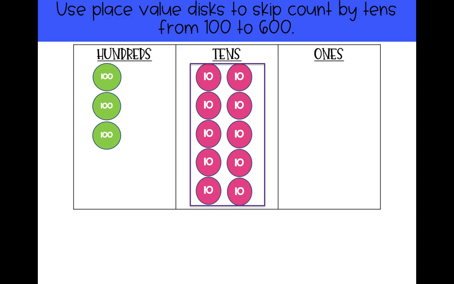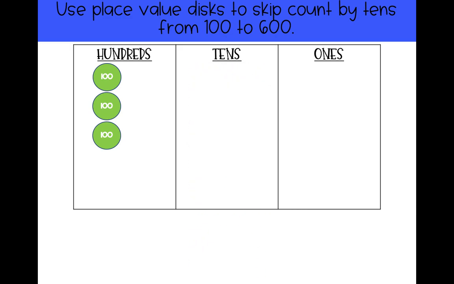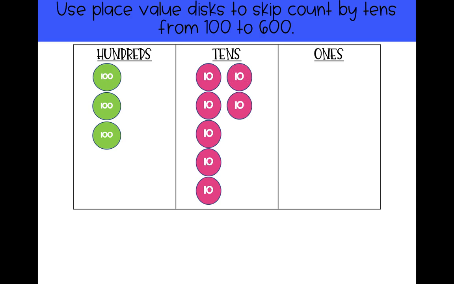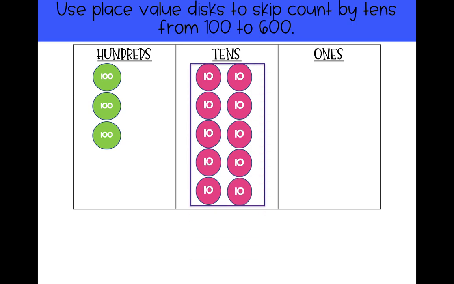Let's bundle those tens to exchange them for 100. We're now at 300. Let's keep counting by tens. 310, 320, 330, 340, 350, 360, 370, 380, 390, 400. We have 10 tens again. Let's exchange them for 100.